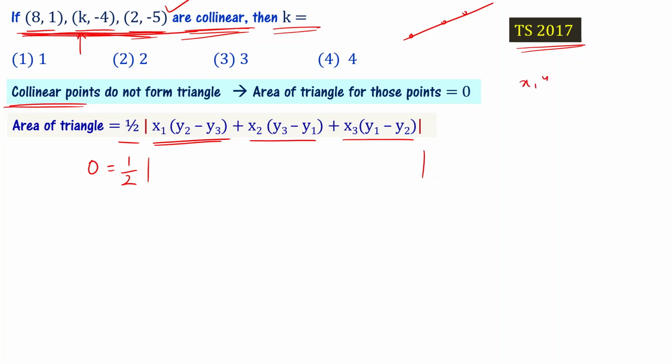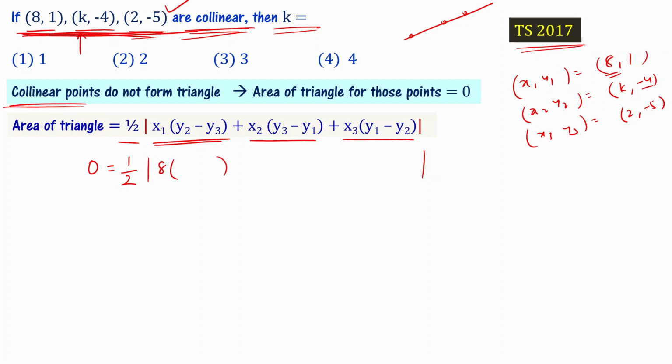What are the values of x1, x2, x3 and so on? For that, let us define x1, y1 equal to 8, 1, x2, y2 is equal to k, -4, and x3, y3 equal to 2, -5. After doing that, let us substitute in this formula. So half times modulus of x1, that is 8, times (y2 minus y3), that is minus 4 plus 5, right?